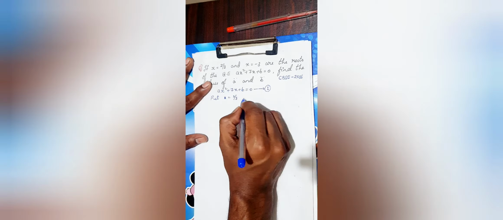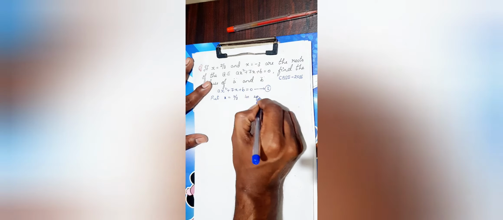Now put x is equal to 2 by 3 in equation 1. Because x is equal to 2 by 3 is a root, it will satisfy the given equation. So a into 2 by 3 whole square plus 7 into 2 by 3 plus b is equal to 0.